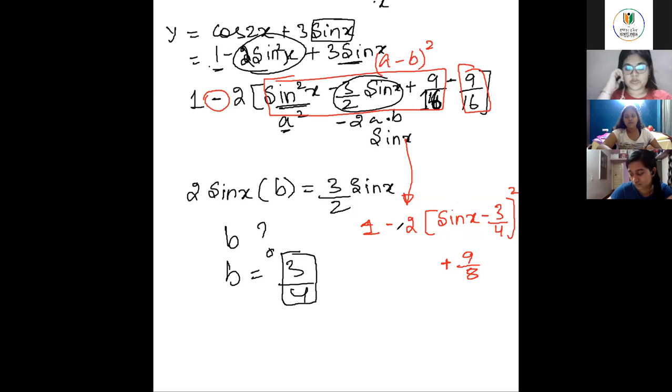What I can do here is I can minimize and maximize sin x to get me a minimum and maximum value.